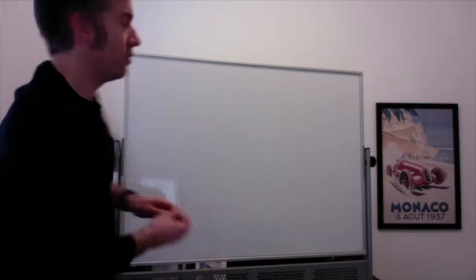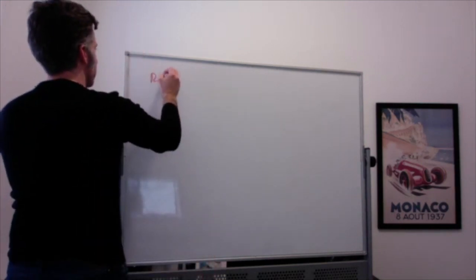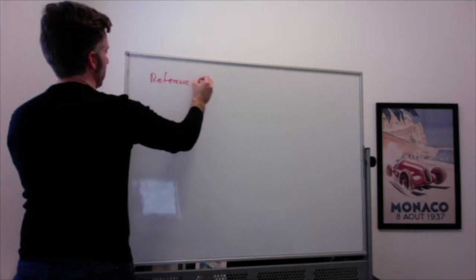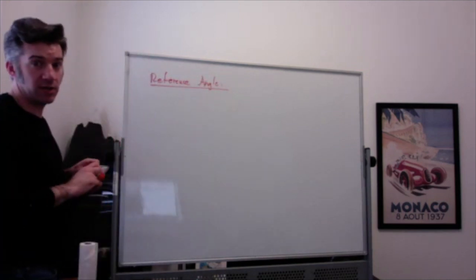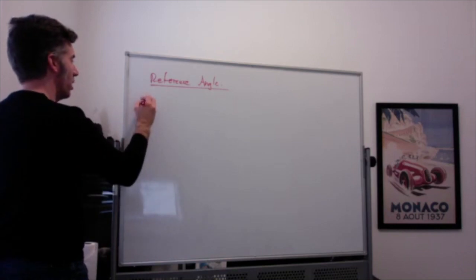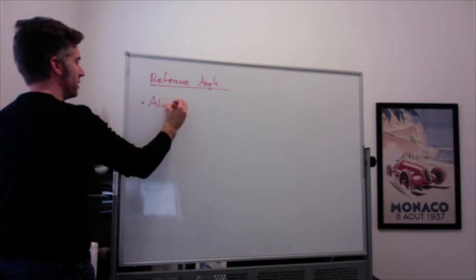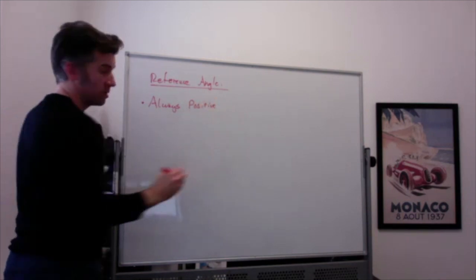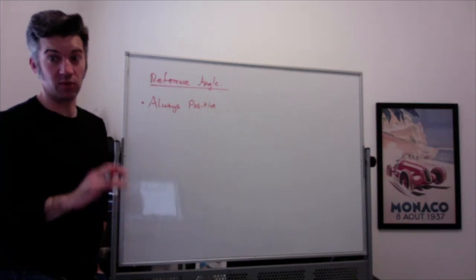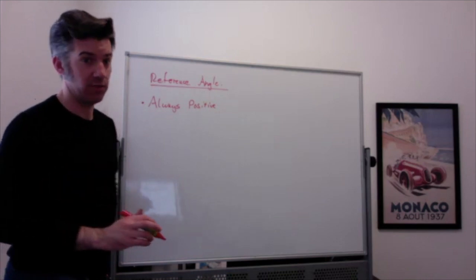Cool. So reference angles. What is a reference angle? Well, here's what it is. A reference angle is always positive. Specifically not 0, it is always greater than and not equal to 0.